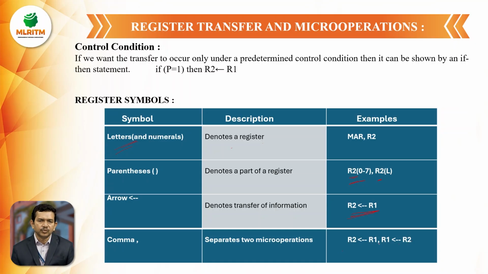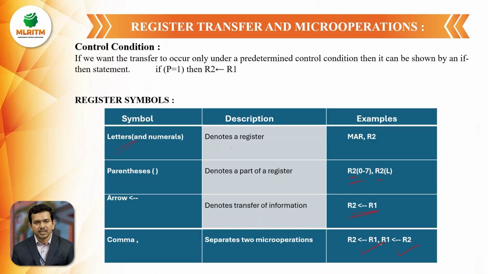We designate these two as separate operations. This is one operation and the other is the second operation. To show that one operation is different from another, I should make a separation using a comma. Without the comma, if I write these two statements side by side, these two operations are not executed properly.